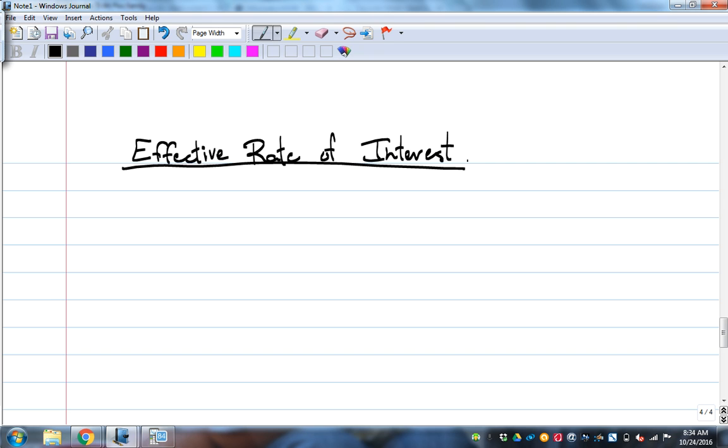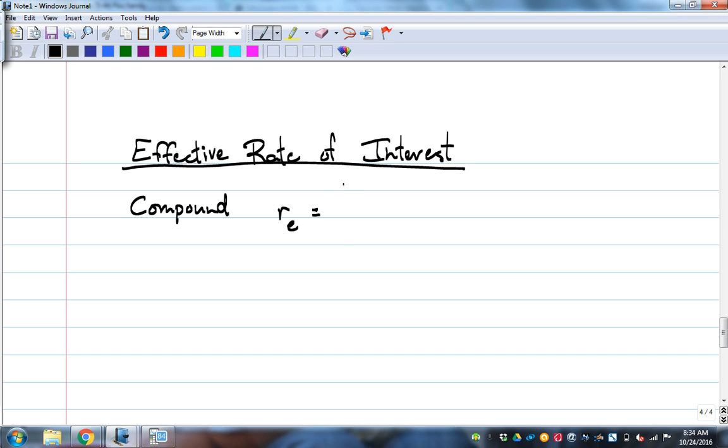Effective rate of interest. For compound, they use R base E as the effective rate of interest. That's their notation for that.